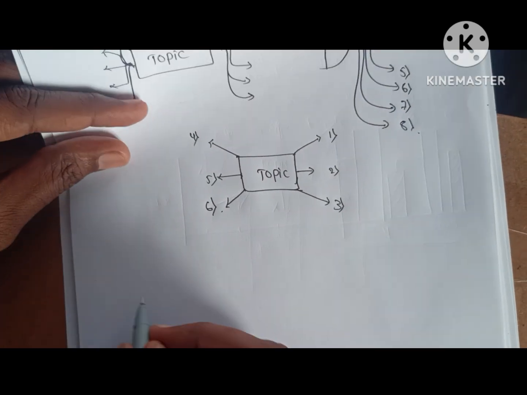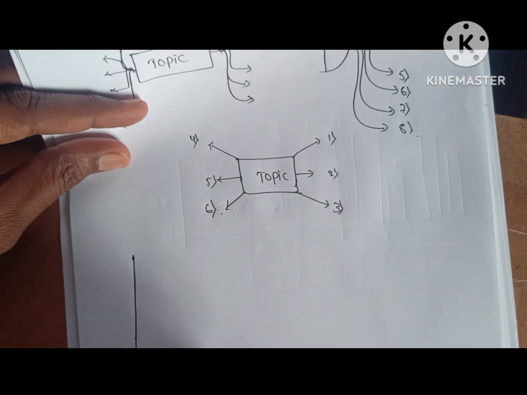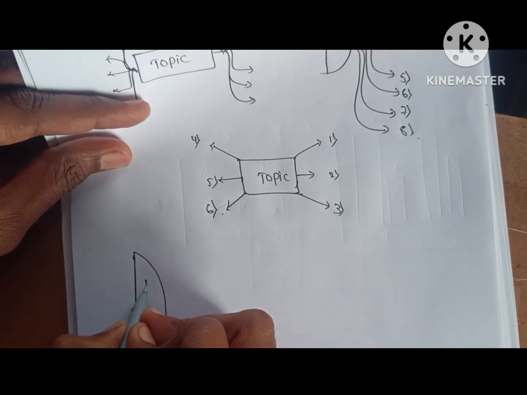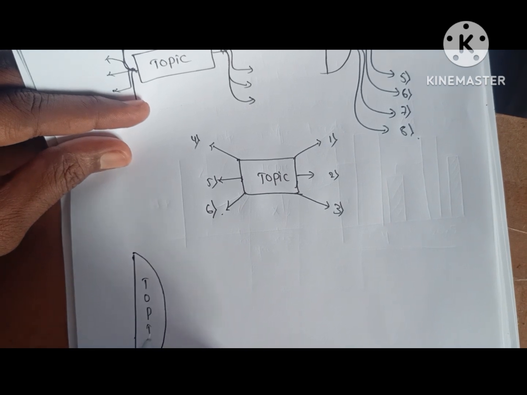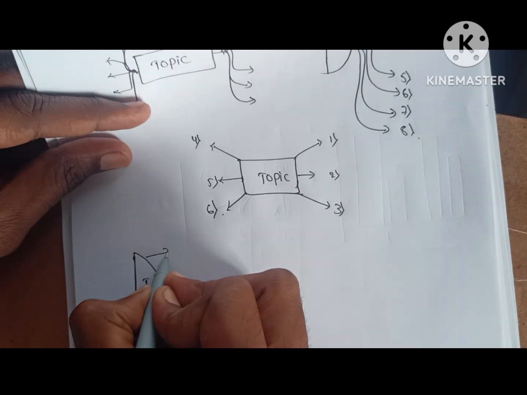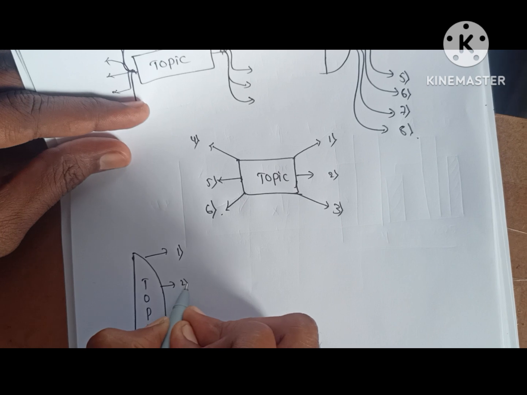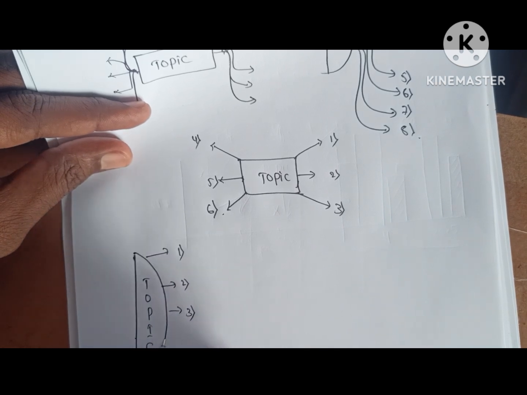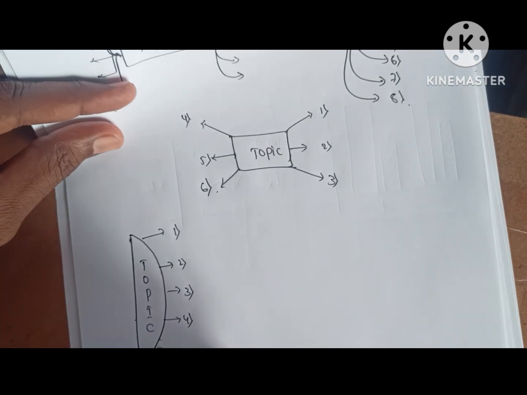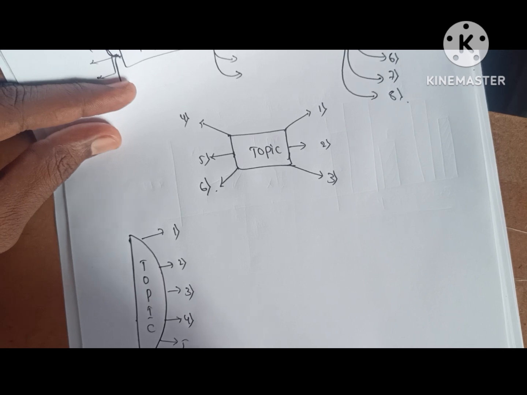Another example is to draw a half moon and write the heading of the topic, then the first point, second point, fourth, sixth.